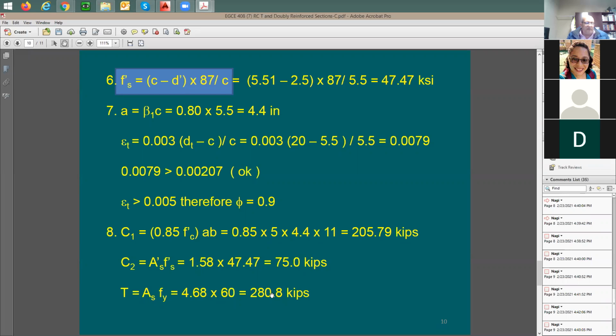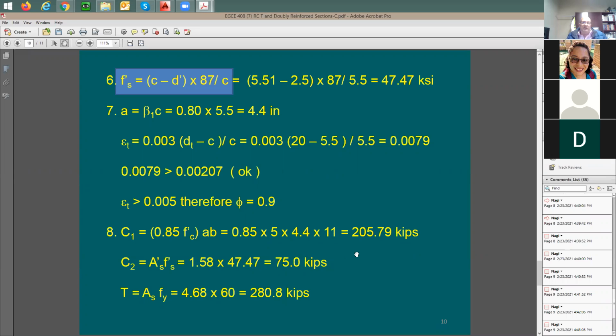Now do a quick check. Do you think that this tension force is equal to C1 plus C2? Can someone help? Is it close or almost the same, engineering wise, or is there a big difference? Put C1 plus C2 and compare it to this value. Close? Almost the same engineering wise, right?